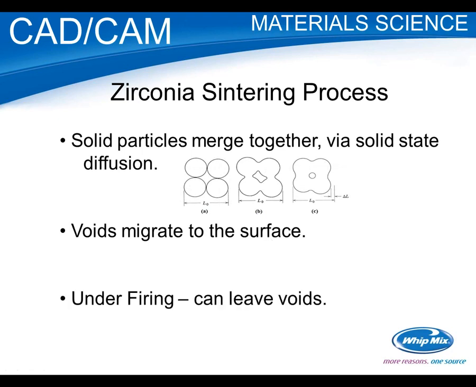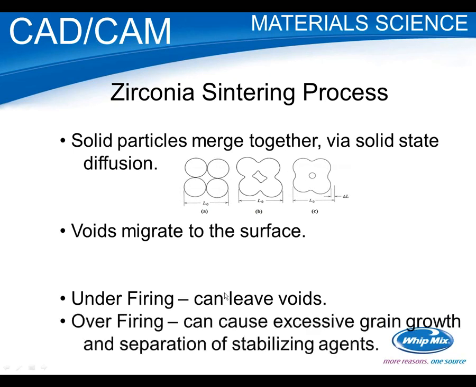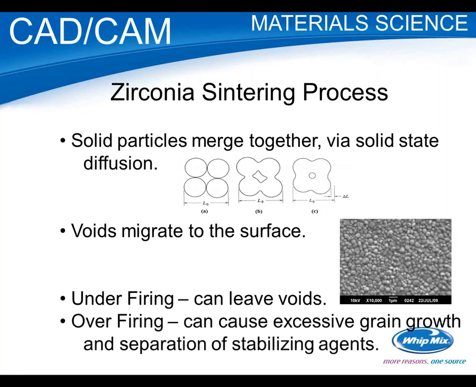Underfiring can leave voids, and overfiring can cause excessive grain growth and separation of stabilizing agents. In the end, we're creating these little crystallites, and within these crystallites are the stabilizing agents, the yttria, the alumina, and I think ceria is another one.